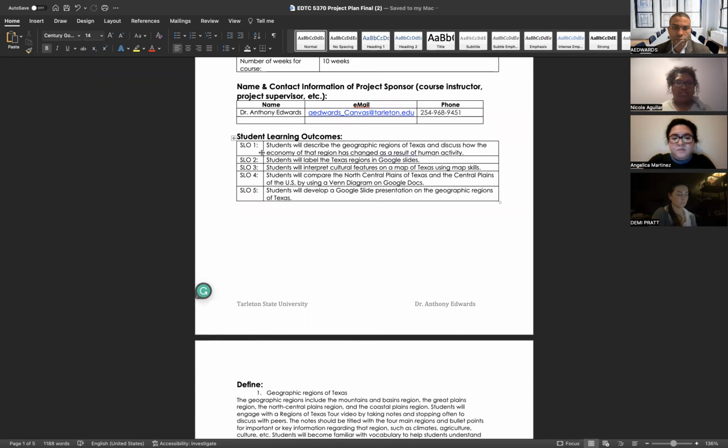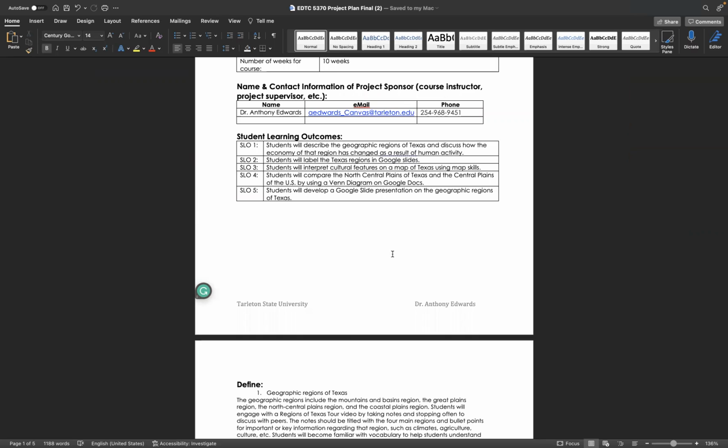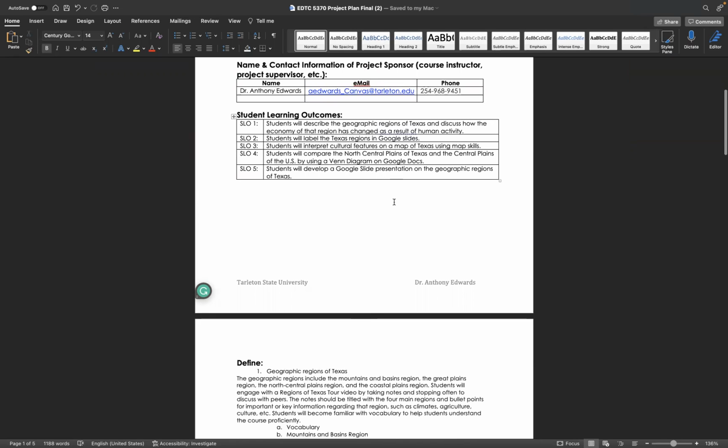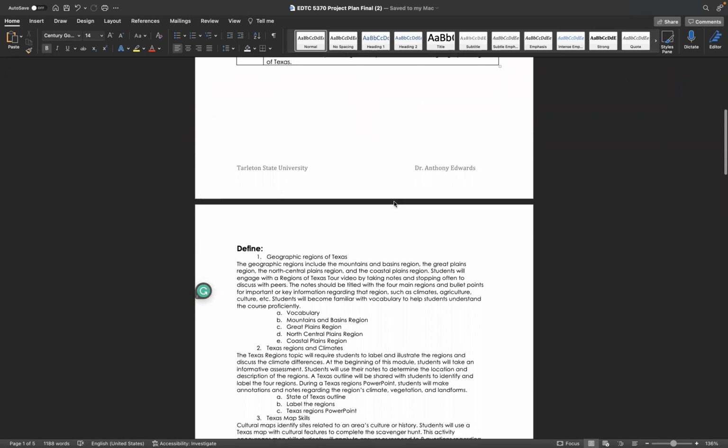During this course, students were to master 5 student learning outcomes, which were: describe the geographic regions of Texas and discuss how the economy of that region has changed as a result of human activity, label the Texas regions in Google Slides, interpret cultural features on a map of Texas using map skills, compare the North Central Plains of Texas and the Central Plains of the US by using a Venn diagram on Google Docs, and develop a Google Slides presentation on the geographic regions of Texas.